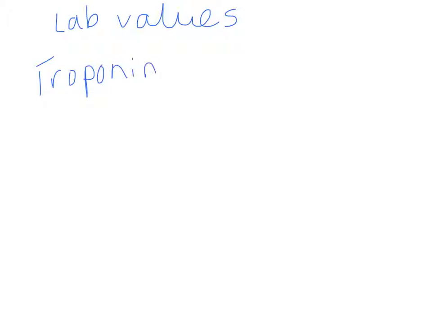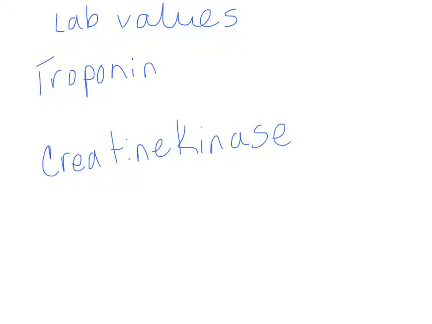The one thing I wanted to add in is cardiac lab values. Some of the lab values that are important in regards to the cardiac system are the troponin, the CK or creatine kinase. Creatine kinase is a generic lab value that measures muscle damage.